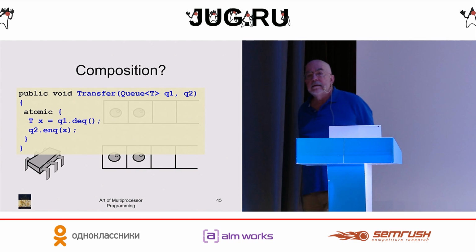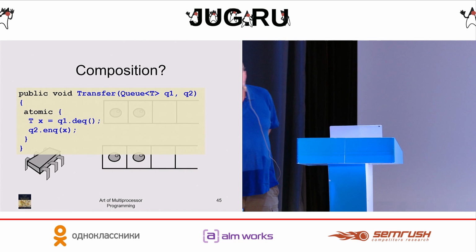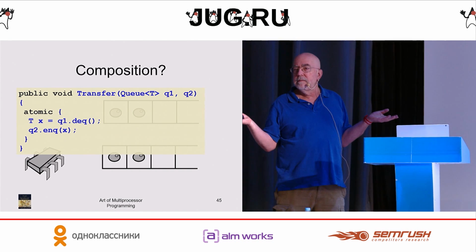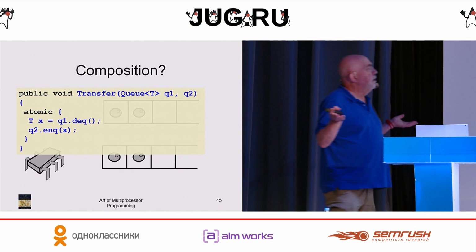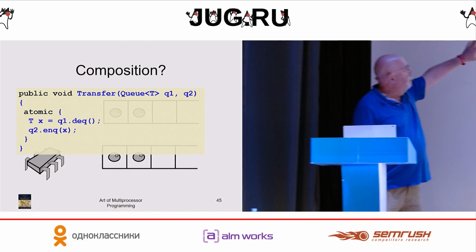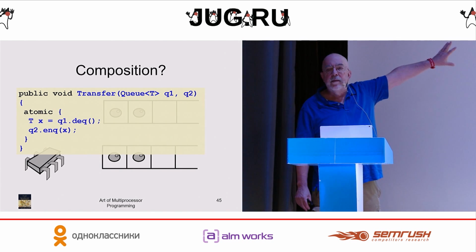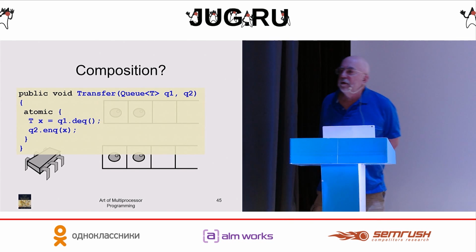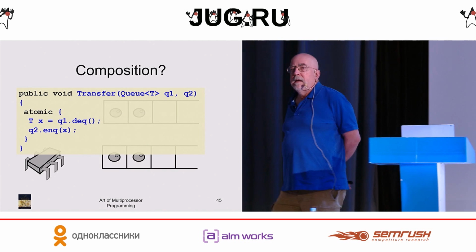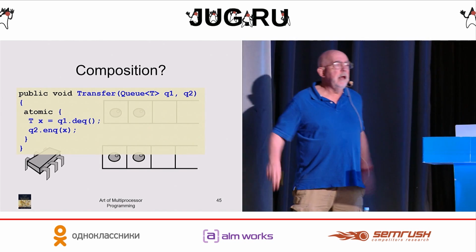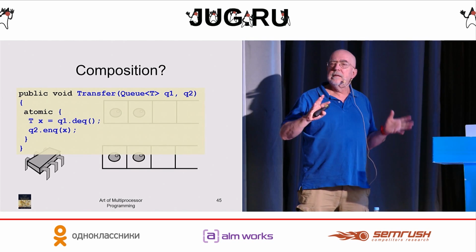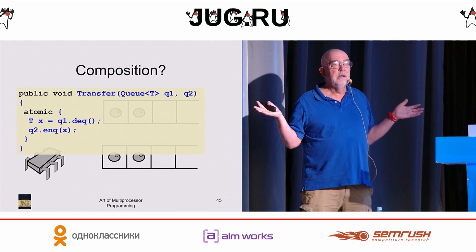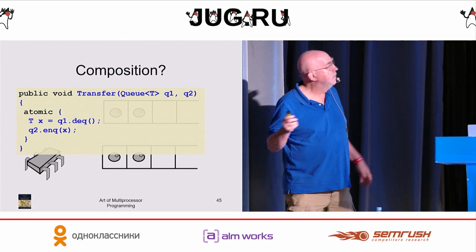And that guarantees that no other thread can observe an intermediate state with 2 copies or with 0 copies. So clearly this is a trivial program. It's a trivial program that addresses what should be a trivial problem, but as I hope I convinced you earlier, this is not a trivial problem if you try to do this in modern Java or C# or C++ or any of these other kinds of languages.